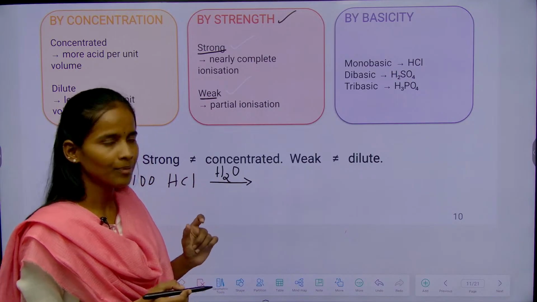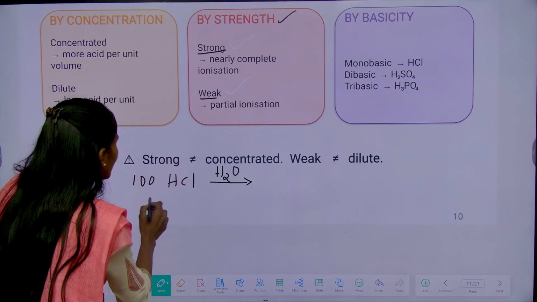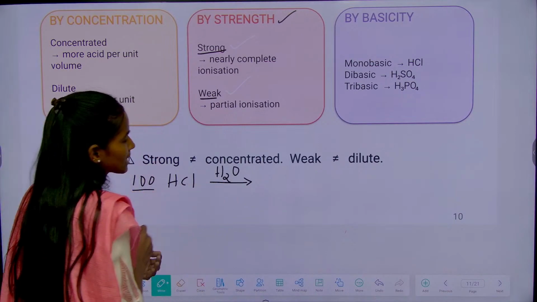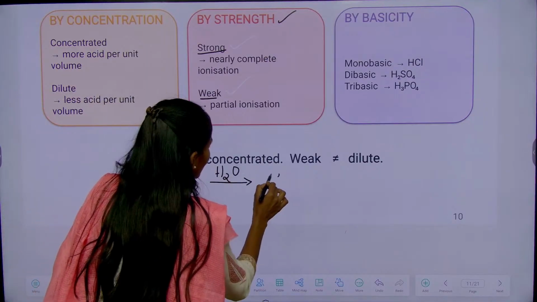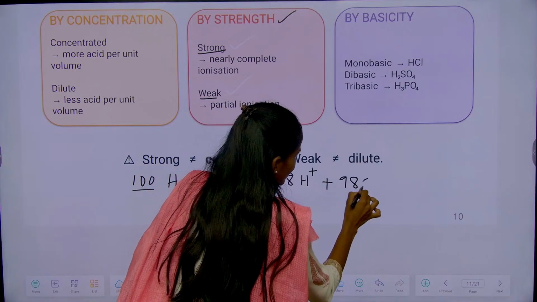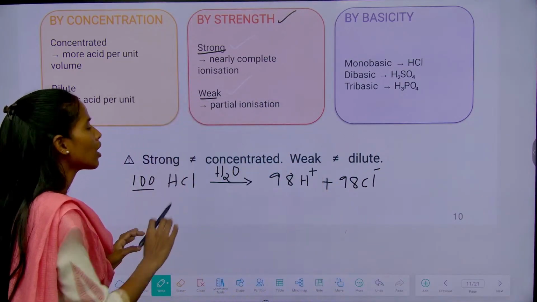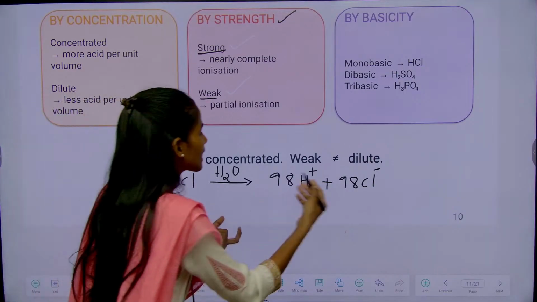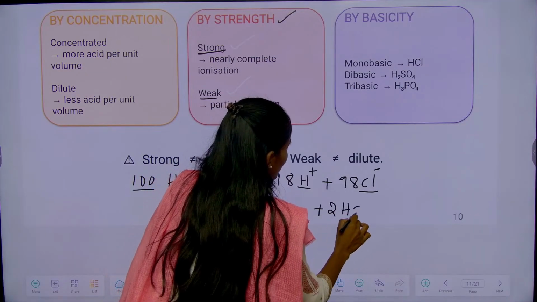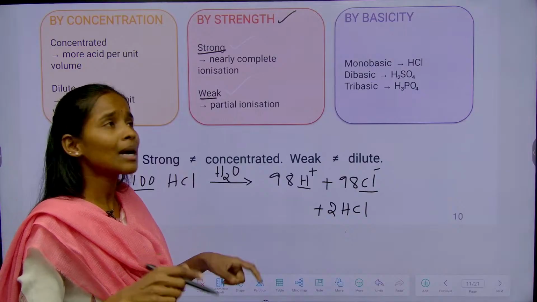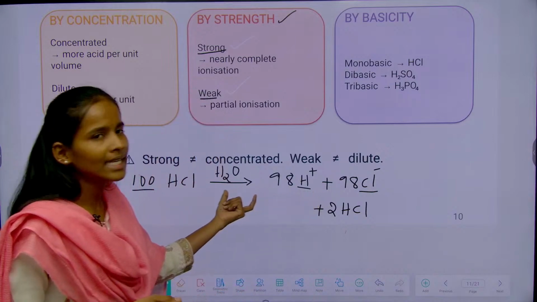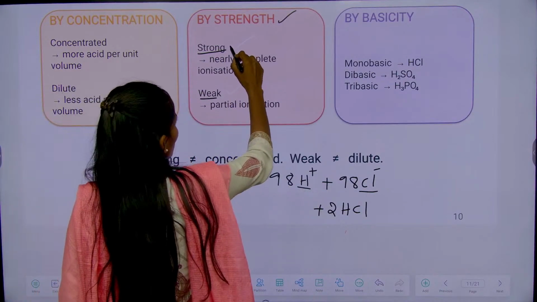So if you take 100 molecules of HCl, in the presence of water almost 98 H plus and 98 Cl minus are formed, meaning almost all HCl molecules dissociate into H plus and Cl minus, and only 2 remain as HCl molecules. Almost complete ionization is taking place. If such complete ionization takes place, then we call it a strong acid.